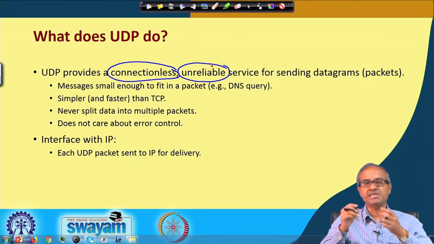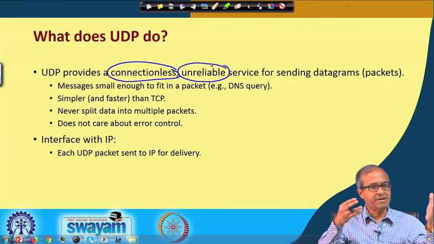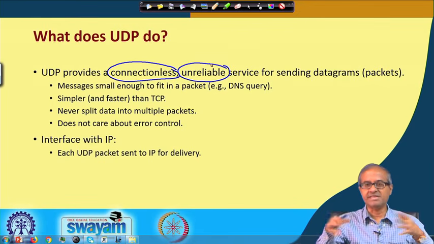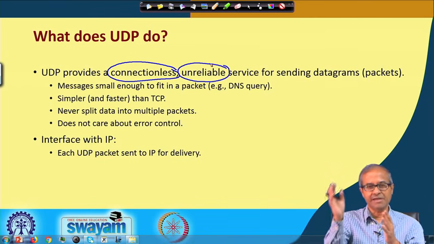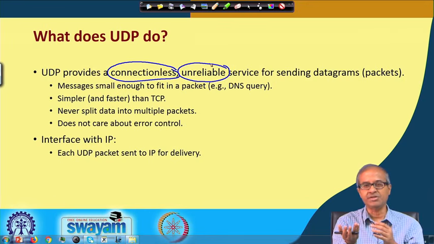There are some applications where even if some packets get lost, you do not care. Like periodically, some network equipments are sending some status information to a central server that, well, I am good, or what is the status. Even if 1 or 2 packets get lost in between, it does not matter, because anyway the next packet will be coming again very soon.